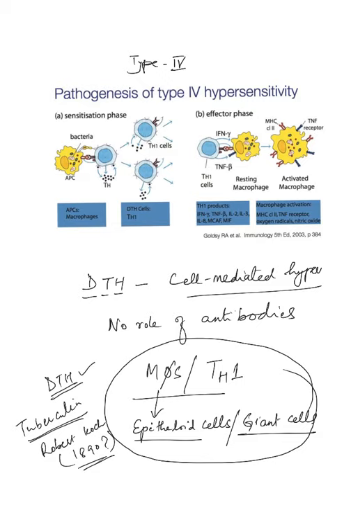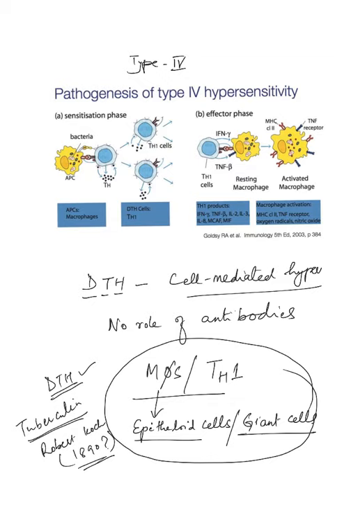For obviously one reason, that the time it takes to form the reaction is around 72 hours, or usually 48 to 72 hours. It is a long time that is required for the cells to come and effect the reaction. Because of this it is called delayed type of hypersensitivity, the time it takes to cause the destruction of the local tissue.